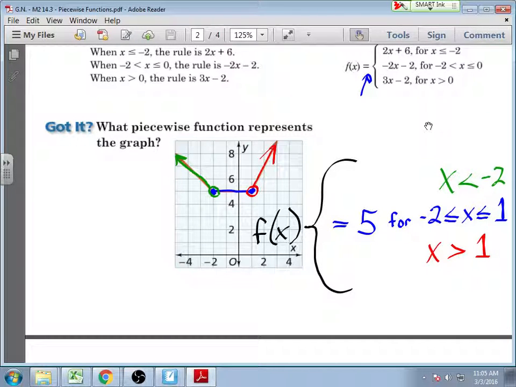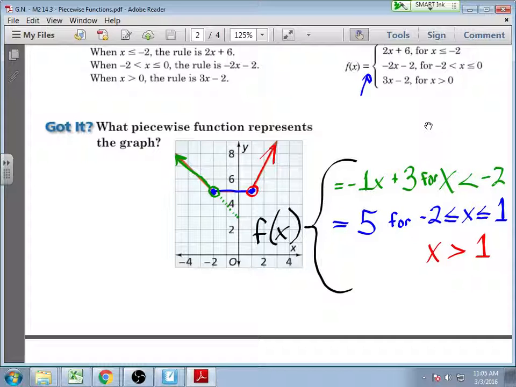I then need to analyze my green graph. Well, I can see that the slope is a -1. So I know that's -1x. But then there's going to be some y-intercept. If I kept going, my y-intercept would happen at 3.